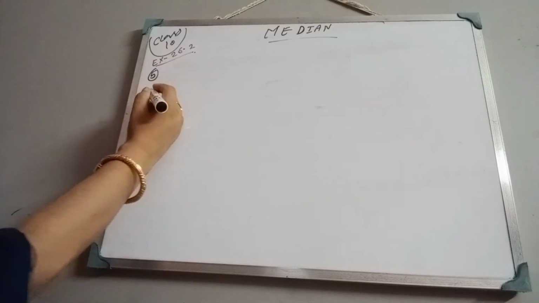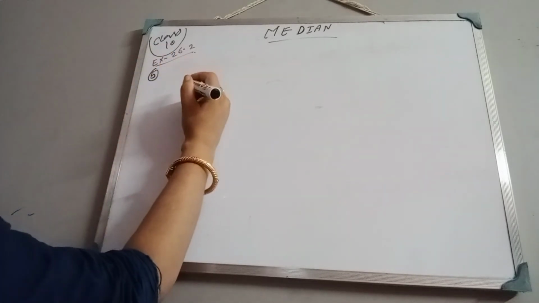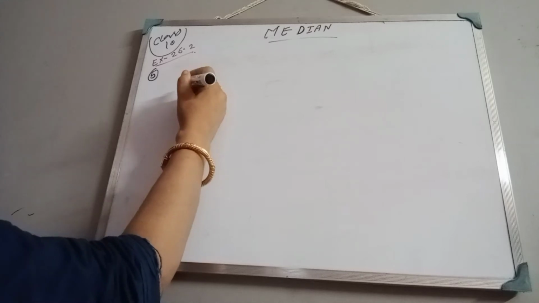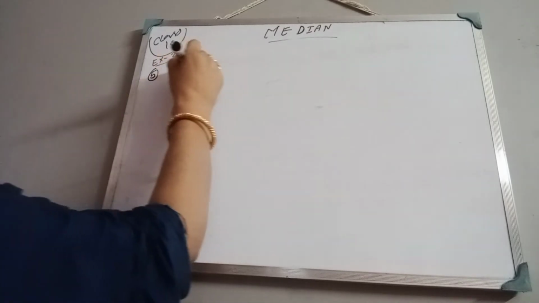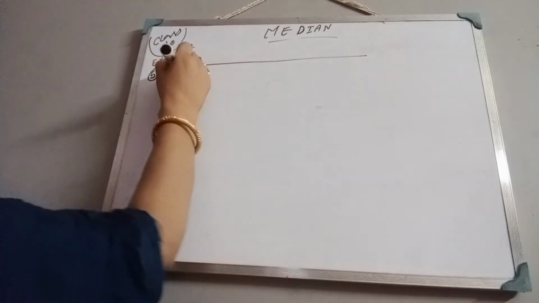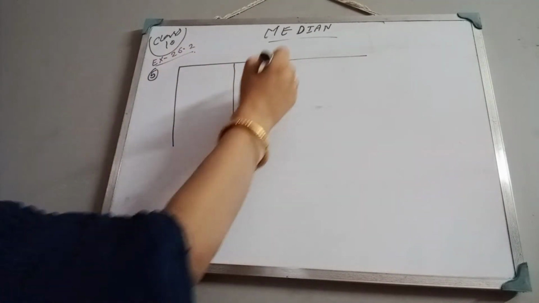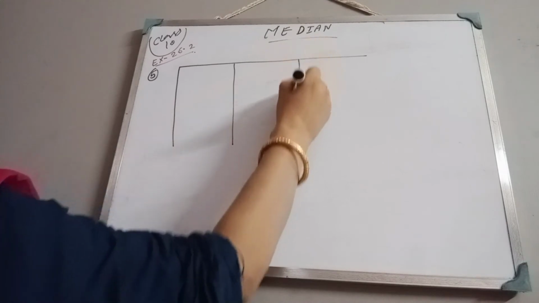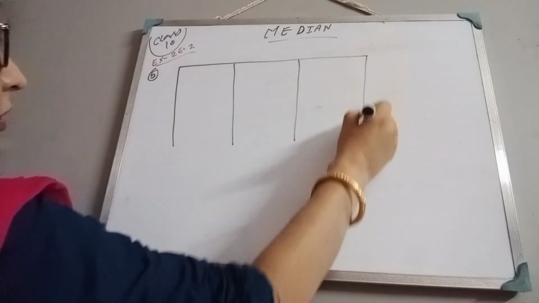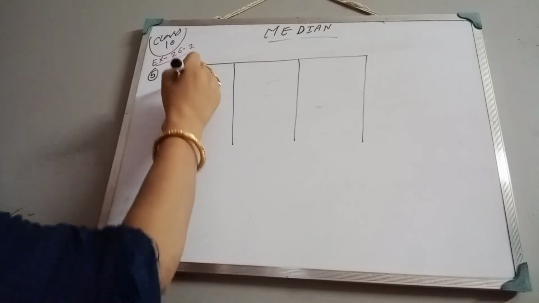Sum number 5. Find the median of the weight from the following frequency distribution. So let us draw the table first. Weight, number of students, and then cumulative frequency.